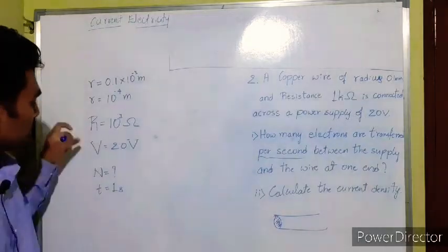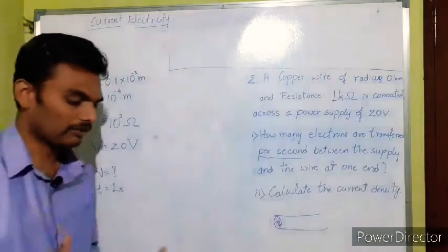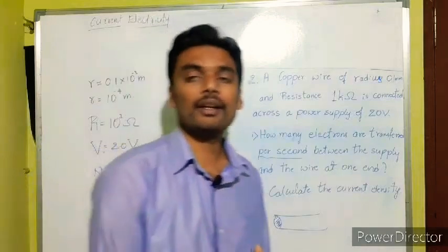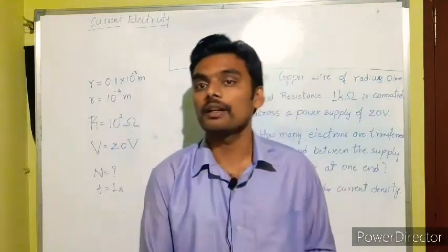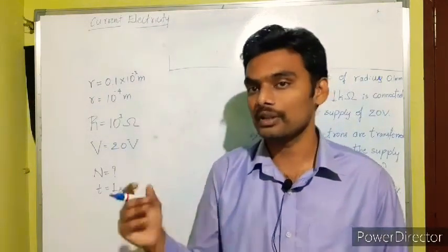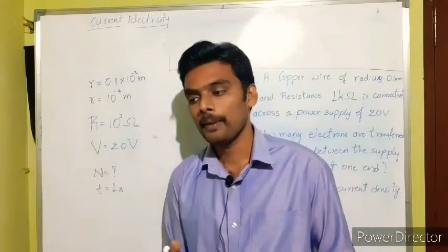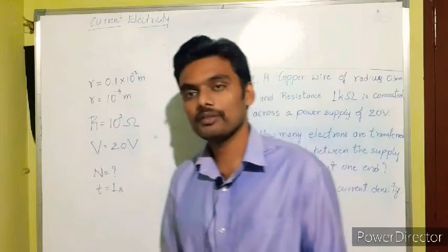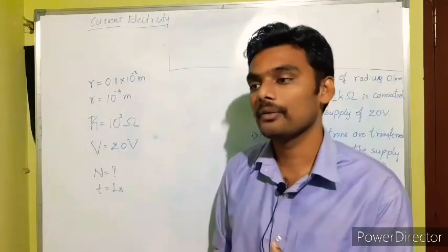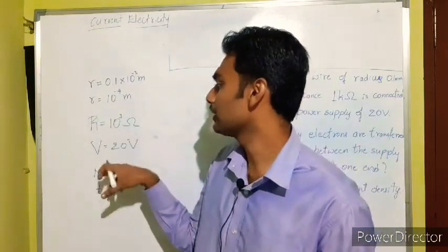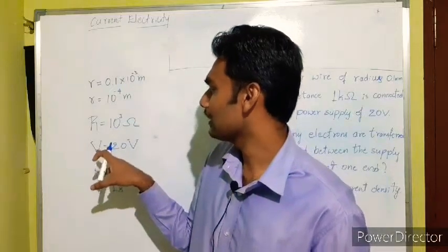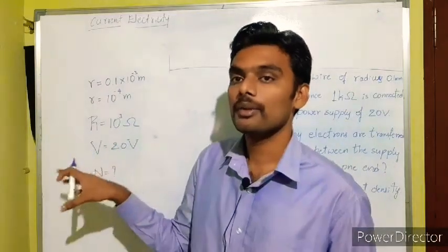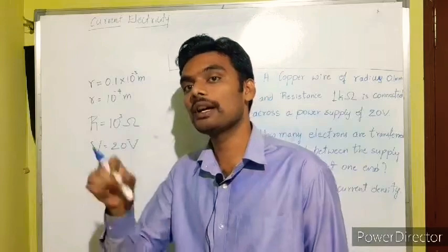Okay, so think of it, number of electrons transferred has to be found. For that we need Q, the total charge transferred, right? And if we want Q, there should be some relation which connects Q with the factors here, but there is no relation which directly connects Q with V and R, but there is a relation which connects Q and I, right?